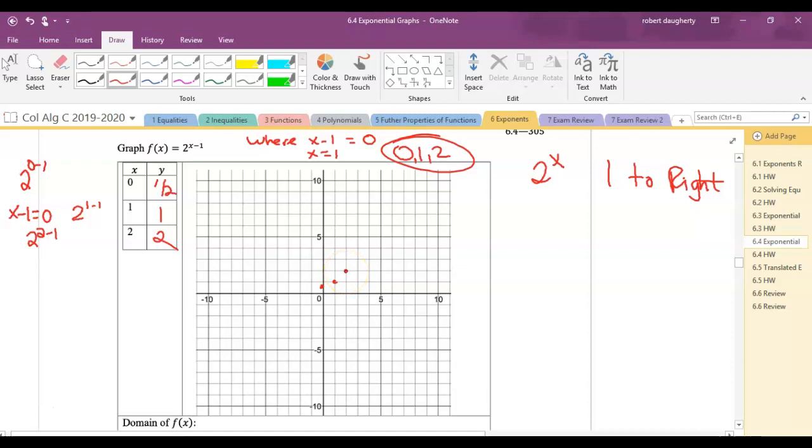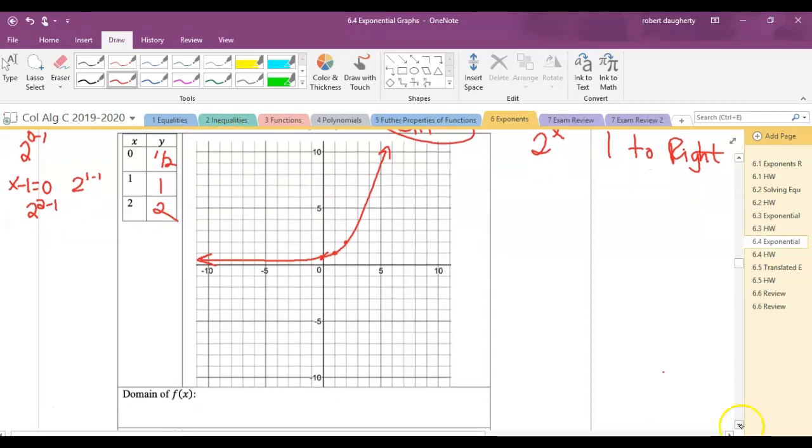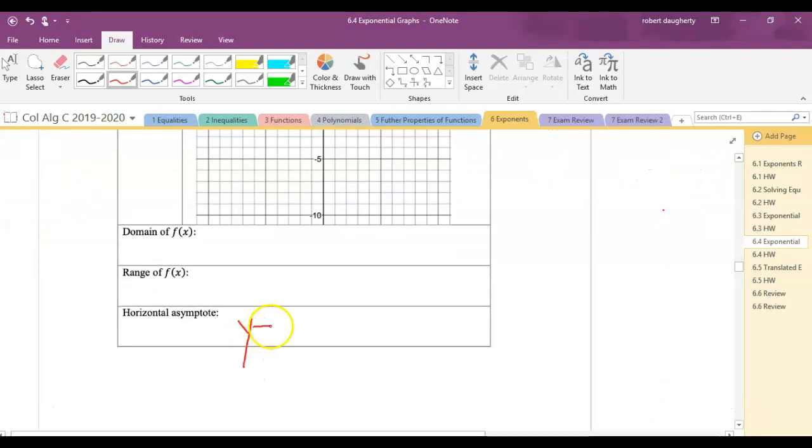Do you see what this graph is doing? It's headed up to the right, okay? And it's doing this, okay? So what is the asymptote here? Yeah, there's a 0 off to this by itself there. So the asymptote is y equals 0. Domain, negative infinity to infinity.